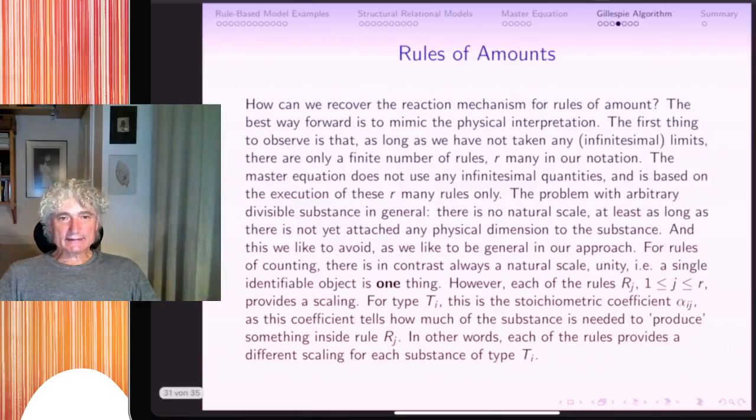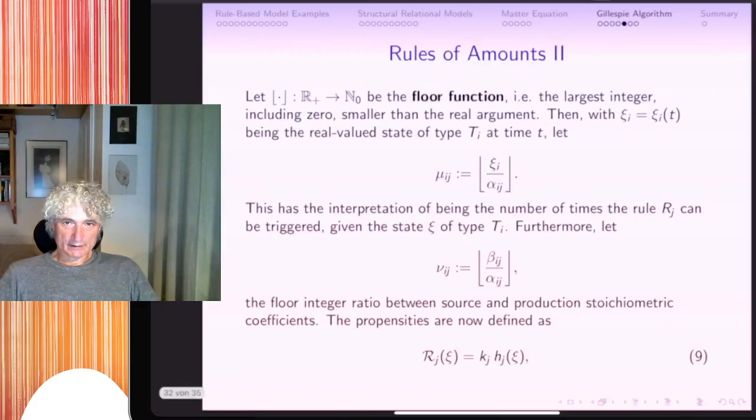It works exactly in the same way for rules of amounts, but here you have to be a little bit more careful, because you have here the real valued state space. So you have to compute here stoichiometries of how often the stoichiometry goes into the amount of substance that is present at time t, and then you take the floor function to get an integer out of it, and then with that you can define the propensities exactly as before.